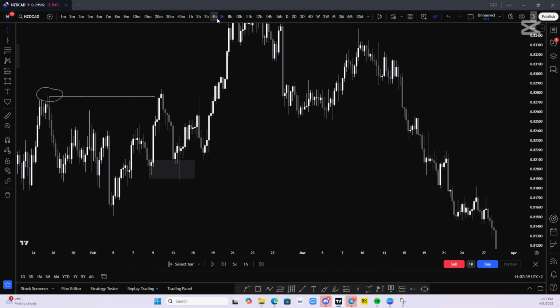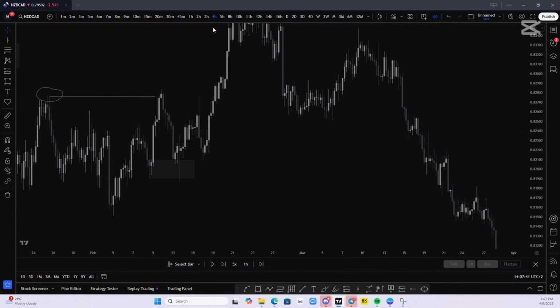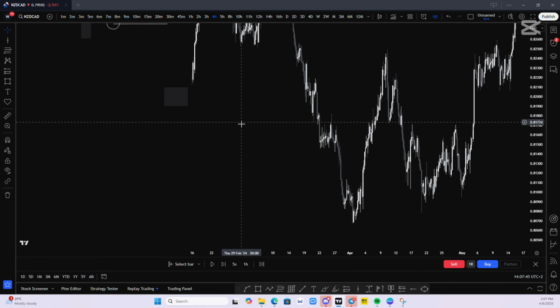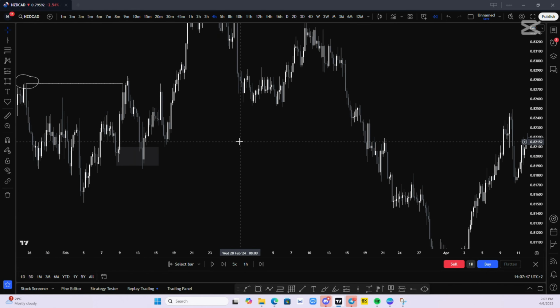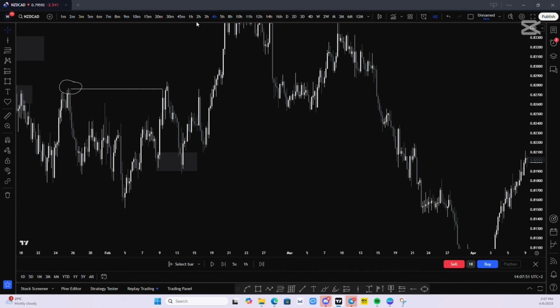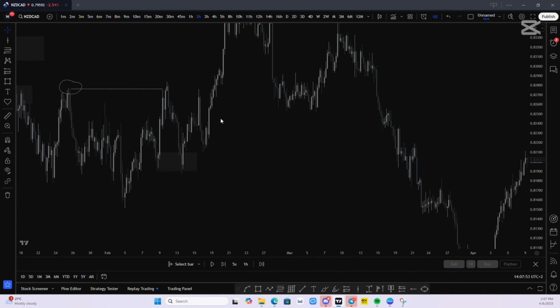We can go to our lower time frames and look for more entries, or confirmation entries, I can say. Let me go to my 2-hour chart.